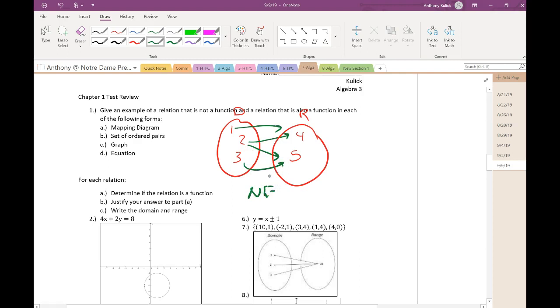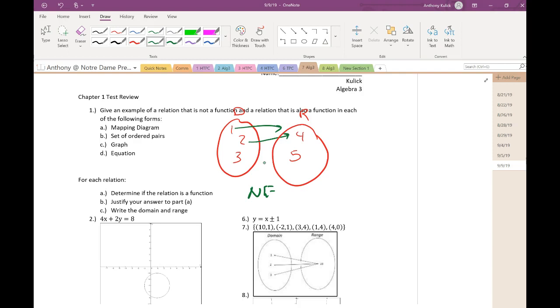And the reason it's not a function is because you have one of the things in the domain being used twice, right? It's going to 2 separate y's. What's the other way that you could do this to make it not a function? You have one of them not going to anything. So if 3 just doesn't go to anything, also not a function. Everybody's okay with that?